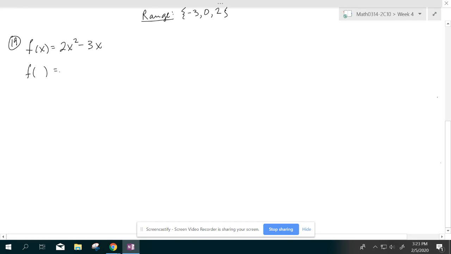And have y'all seen f of x before? Can you tell me what single letter does f of x represent? Good. You need to know that. So really this says y equals that stuff, right? But you also need to know that this is function notation for a reason. It's so that they can ask you questions like this. I would like you to find f of 0.